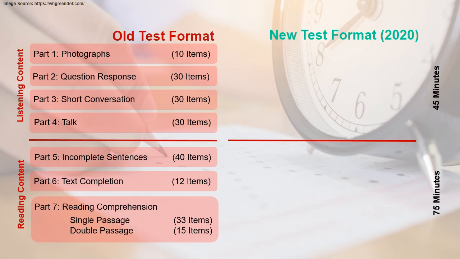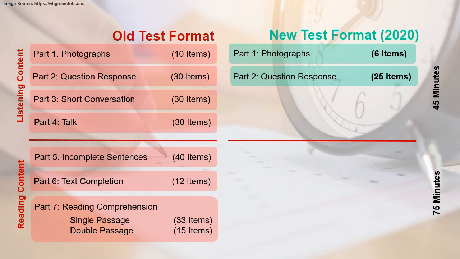to 100 questions. On the left hand side, you will see the old test format with all the 7 parts. There are 100 and 200 items. On the right hand side, you will see the new test format. So let's see some of the changes here. In photographs, they have reduced the number of items from 10 to 6. For part 2, question response, they have also reduced the number of items from 30 to 25.